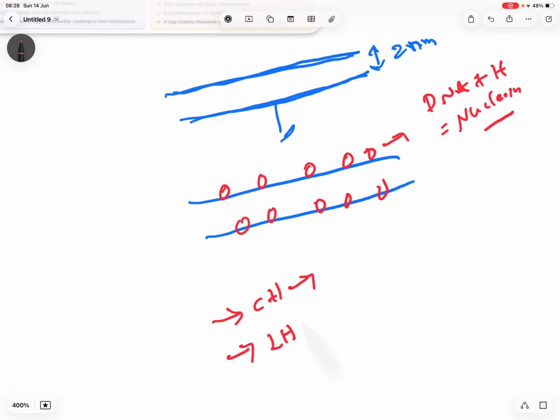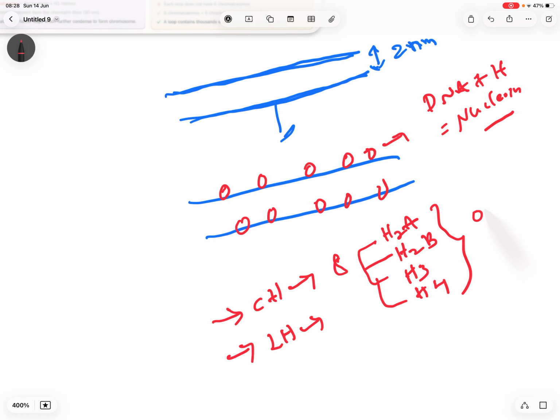The core histone proteins are an 8-protein complex: a pair of histone 2A proteins, a pair of histone 2B proteins, a pair of histone 3 proteins, and a pair of histone 4 proteins. These 8 proteins we call an octamer complex.